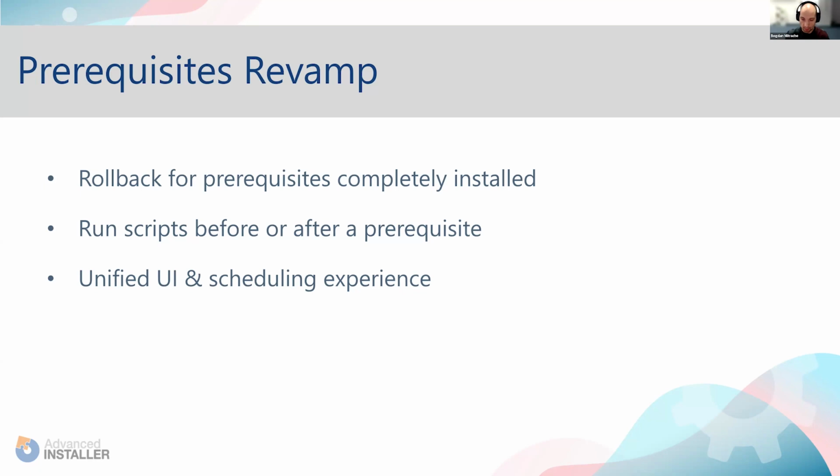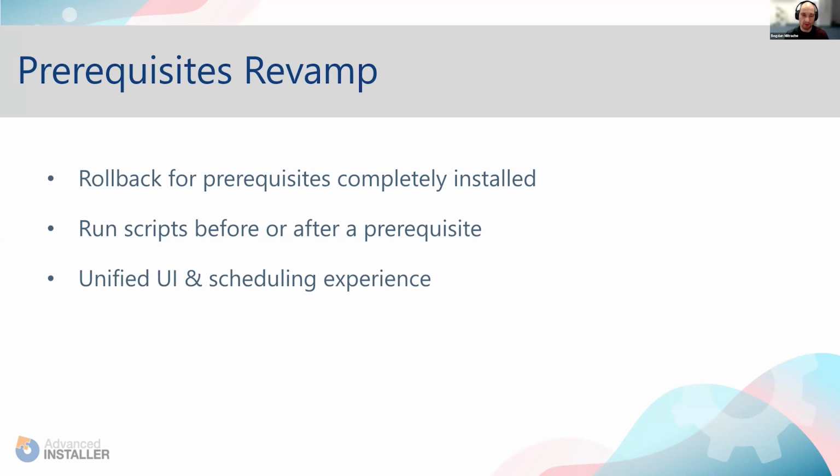And the prerequisite support from Advanced Installer is one of the most used features, so we expect further improvements here to land as we gather more feedback from you and after we finish some of our plans that we already have now for 2024.